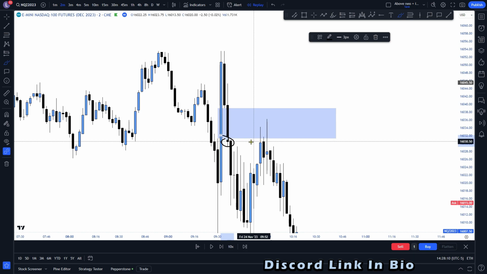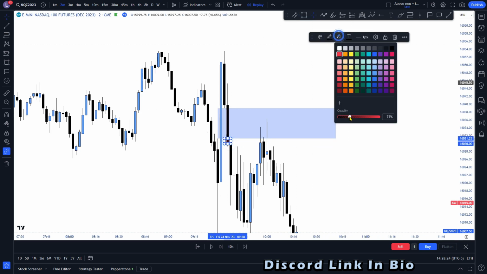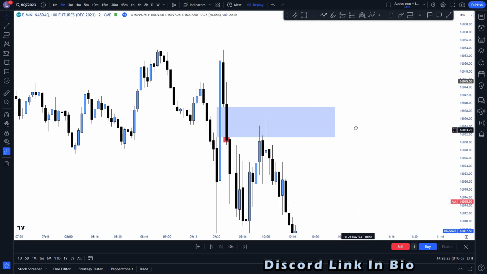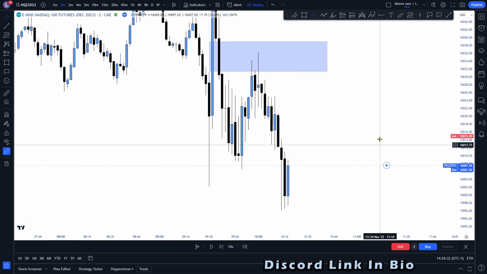Do you see how this candle closes underneath the fair value gap? It doesn't just wick into it, it closes below the fair value gap. Therefore, this would now be an inversion fair value gap.